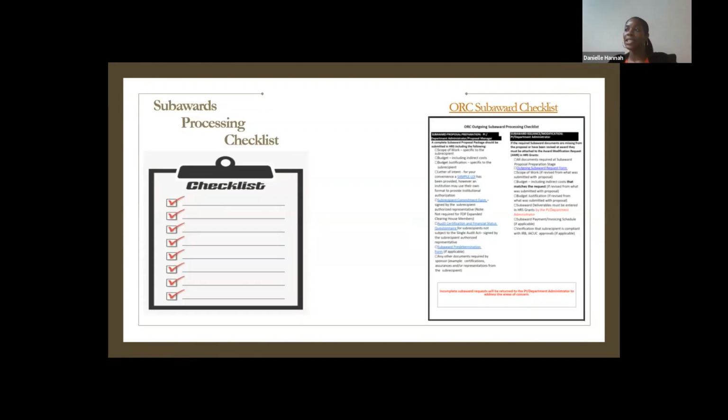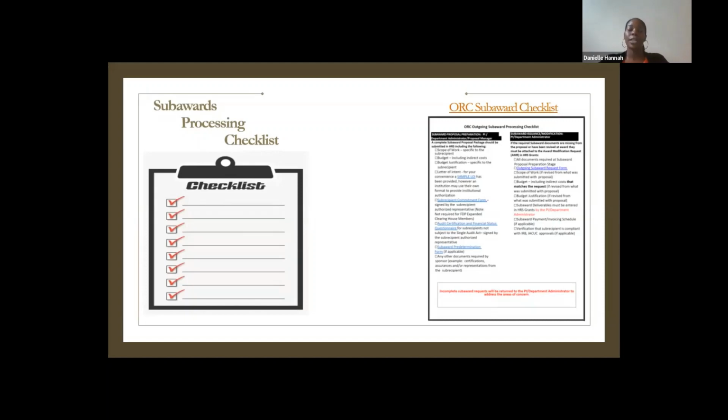And as you can clearly see on here, at time of proposal, it has that scope of work, it has the budget justification, and letter of intent. The subrecipient commitment form, that's something that we use at our institution. If you are a part of the FDP expanded clearinghouse, you do not have to fill out that form. So that is for those organizations or institutions that are not a part of that.